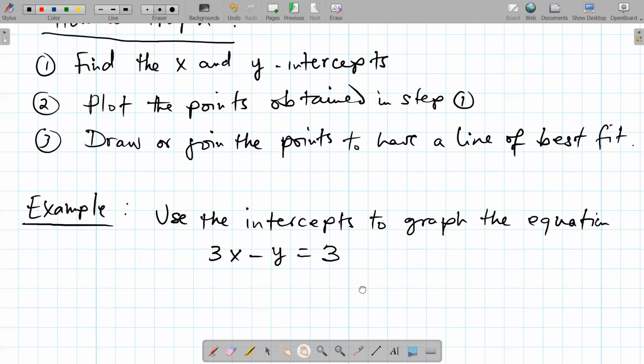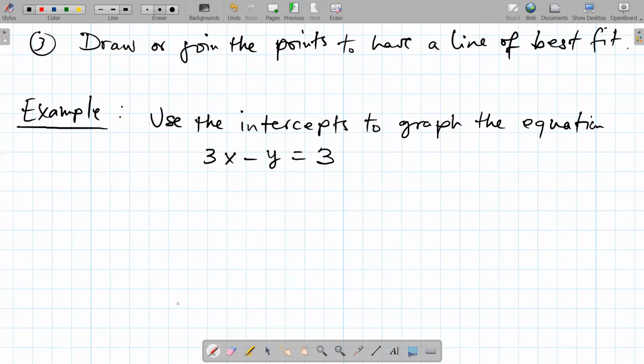So let's go. We need to get an intercept. So I'm going to start with x-intercept.